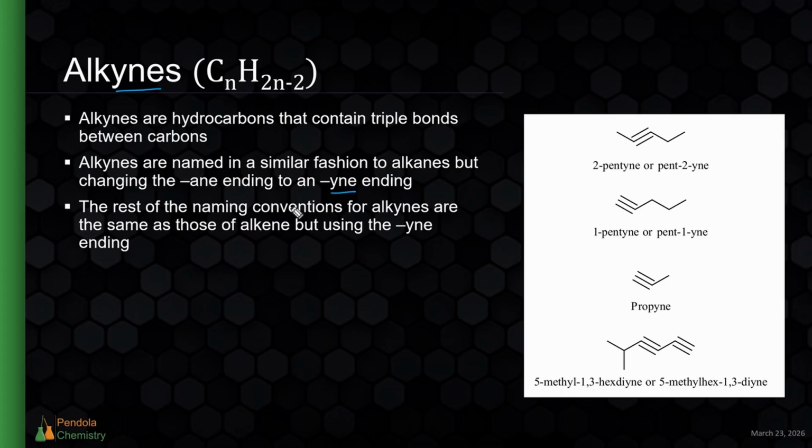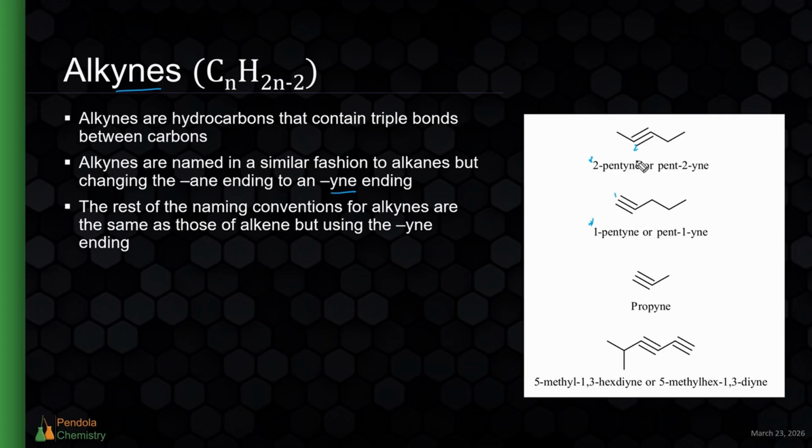So we're going to use the same ideas here. If we have a triple bond that cannot be anywhere else, like in propyne, then we don't need to put the number. If it can be in 2 different places, like with 2-pentyne and 1-pentyne, then we need to use the numbering to denote where that triple bond starts.